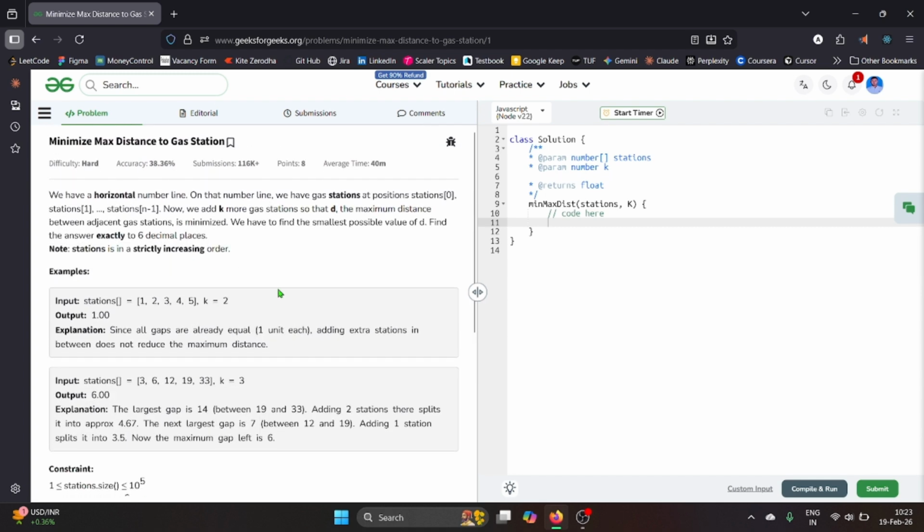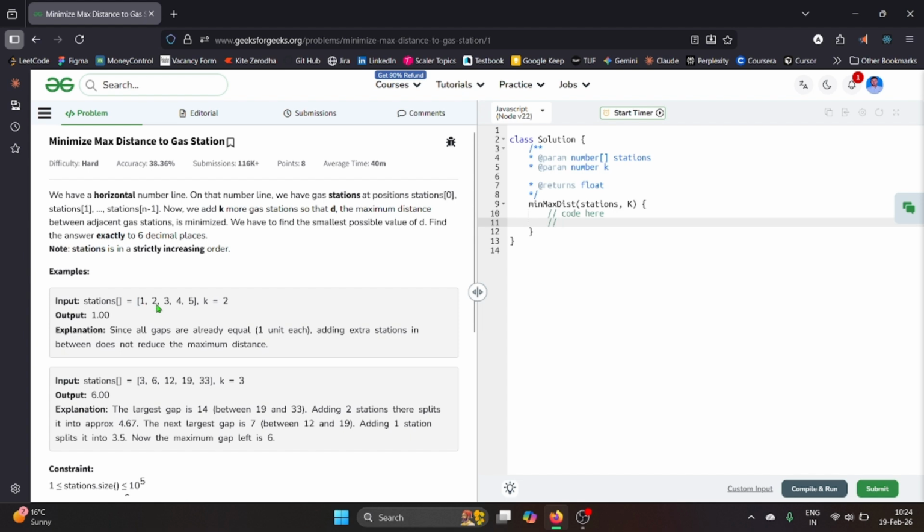Okay. So before starting this question, let's take an example. Here the gas stations are at positions 1, 2, 3, 4, and 5. We have 2 gas stations to place in between or outside these stations so that we can minimize the distance between the stations.